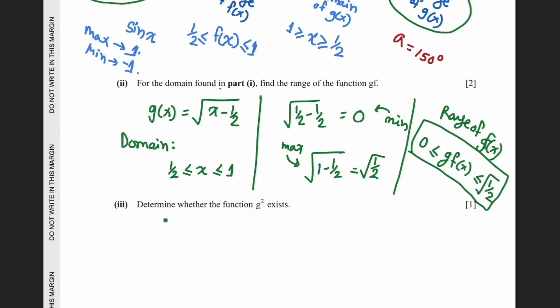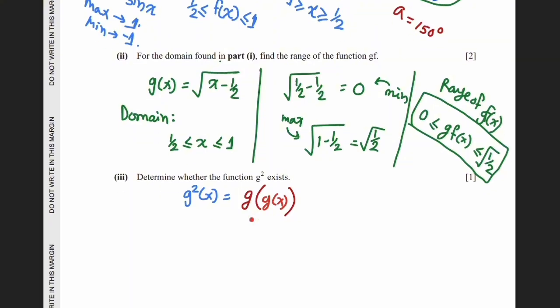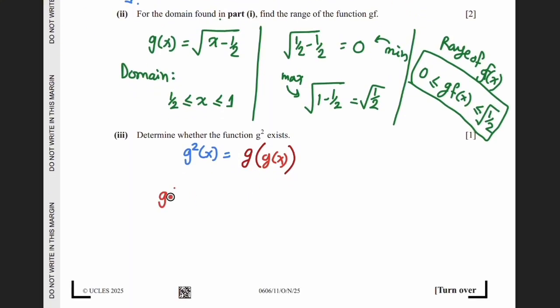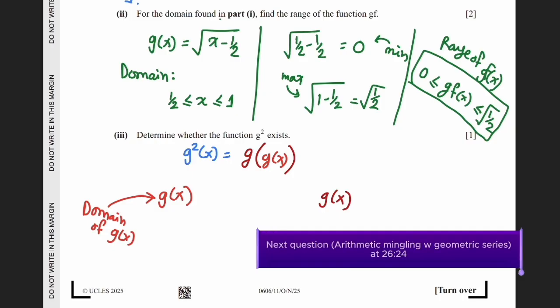Determine whether the function g squared exists. So basically, g squared of x is the same as g of g of x. So first, the orange g of x, and then the red g of x. So first, we have to feed something into this g of x, which must be inside the rules of the domain of g of x, and it will spew out something from its range.